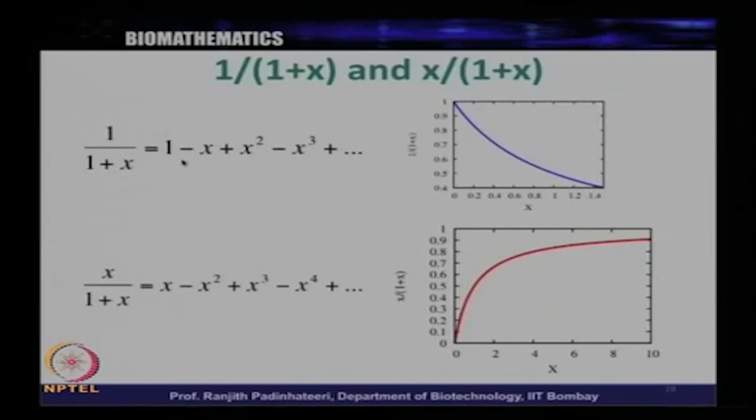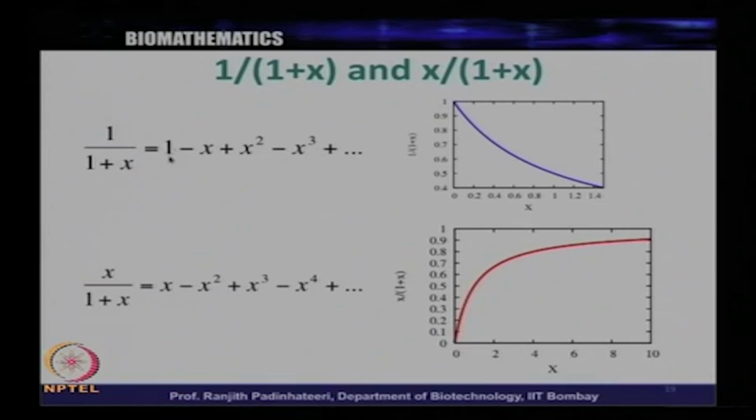1 by 1 plus x can be written as 1 minus x plus x square minus x cube and so on and so forth. And if we multiply both sides with x, I multiply the numerator with x, so you get x by 1 plus x. That means I multiply all these terms with x.